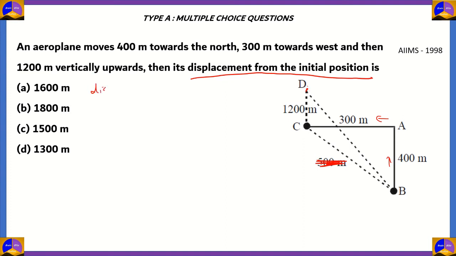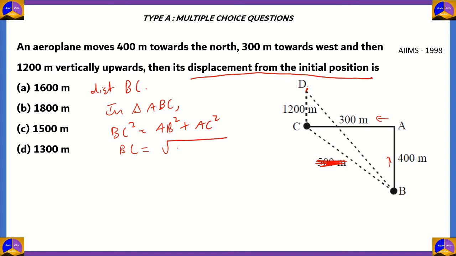So in order to calculate distance BC in triangle ABC, we can say that BC square is equal to AB square plus AC square. And therefore BC is equal to the root of 400 square plus 300 square.